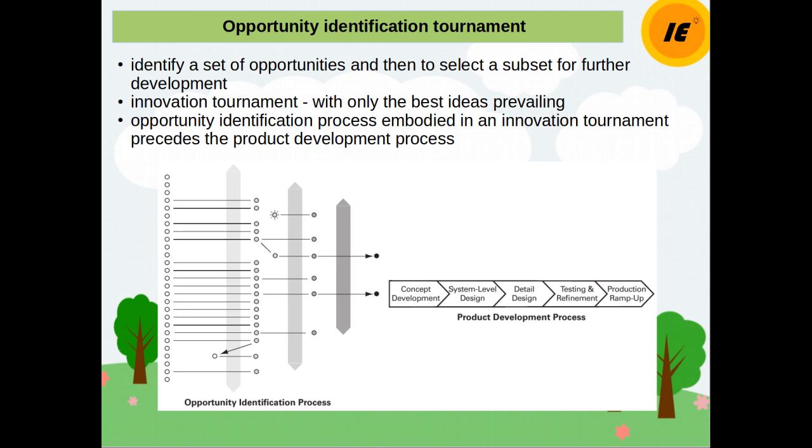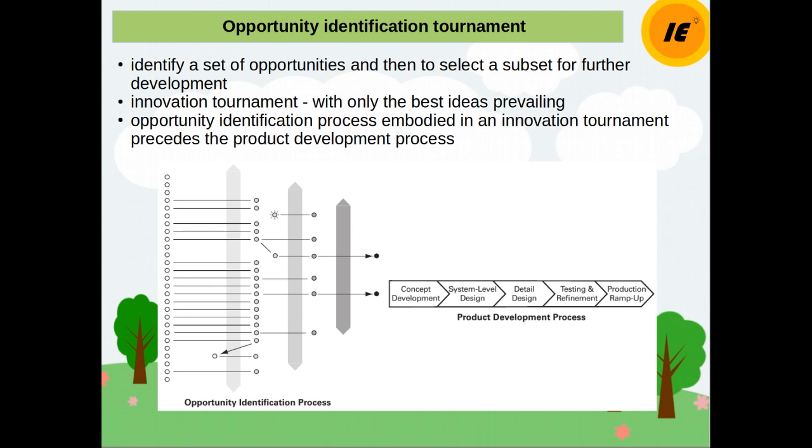We'll look into the process of how you create a long list of opportunity ideas and then how you filter it. We'll look into the process later, but that's the way we do it.